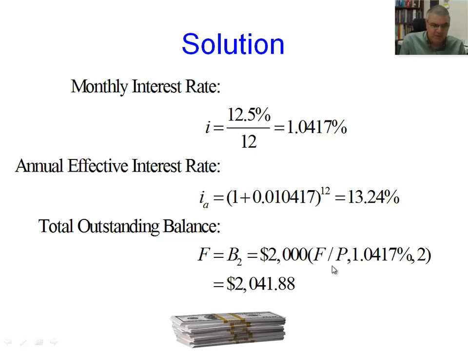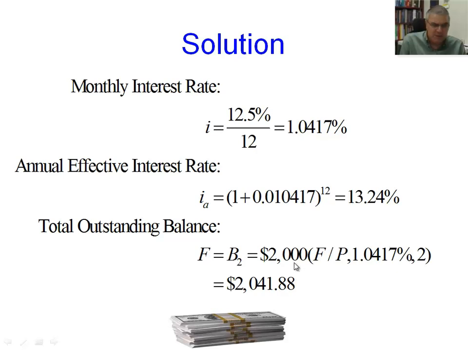Study some of those tables, and you would be able to see the multiplication factor as a result. So in the back of your book, there are tables for F given P with a particular interest rate and N of 2. You should be able to get a factor.